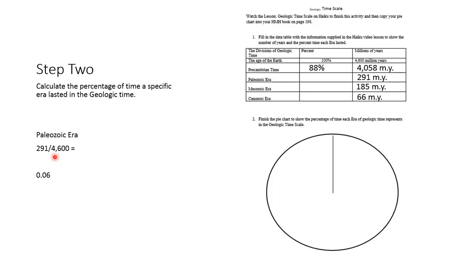To make that into a percent, we multiply by 100. That comes out to be 6%, and we enter that here. I'm going to let you do the last two on your own. Again, you'll be taking this number, dividing it by 4,600, multiplying it by 100, and you will get the corresponding percent.